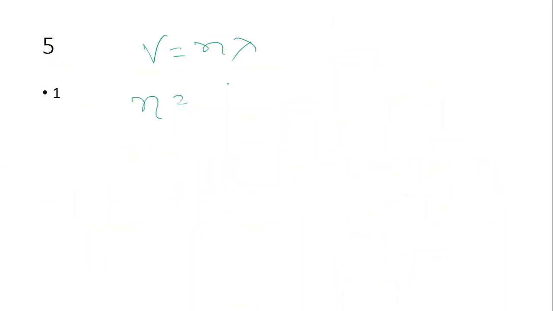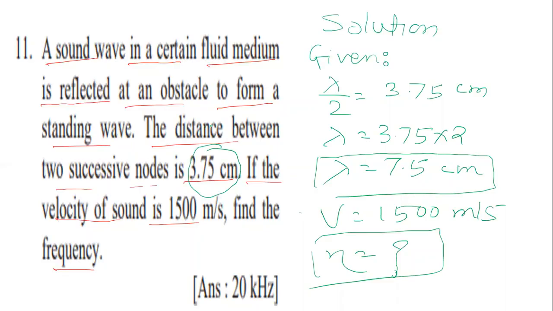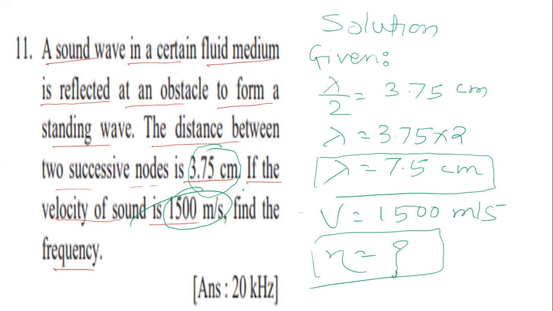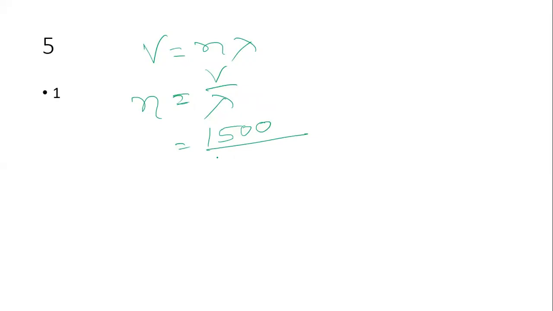And therefore frequency n is equal to v divided by lambda. The velocity of the wave is 1500 meters per second, divided by wavelength lambda, that is 7.5 centimeter.